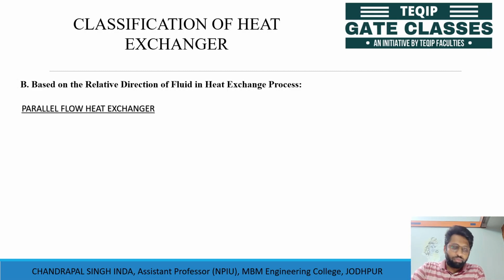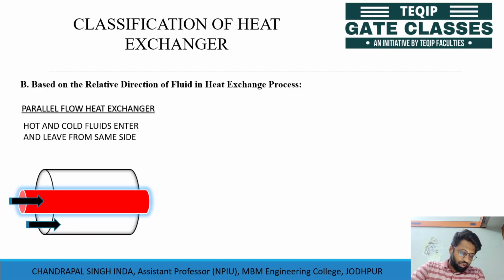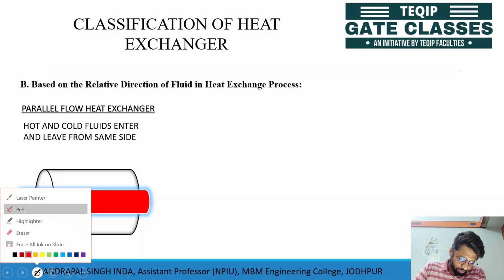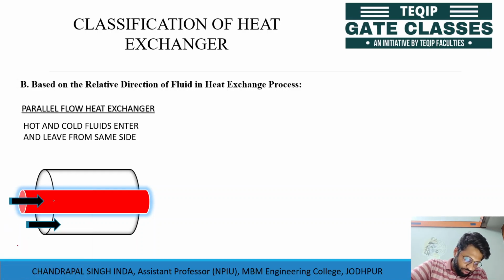So for example, I'm considering a concentric tube heat exchanger, in which we can see that one fluid, which I can say is the hot fluid, is allowed to flow through the tube, and another fluid is allowed to flow, which I can say is a cold fluid.